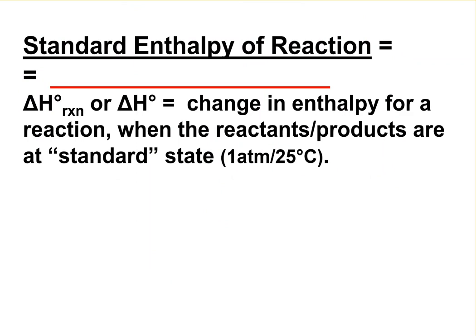So the standard enthalpy of a reaction, standard just means we're at 1 atmosphere and 25 C, because that does change the energy in a substance. But anyway, that standard enthalpy of a reaction, we call the heat of reaction. So how do we get that? We compare reactants and products.